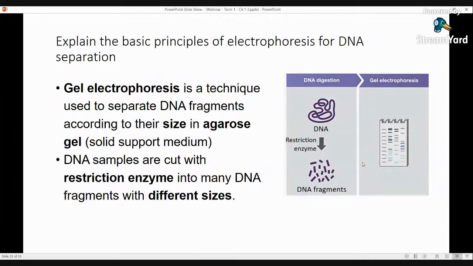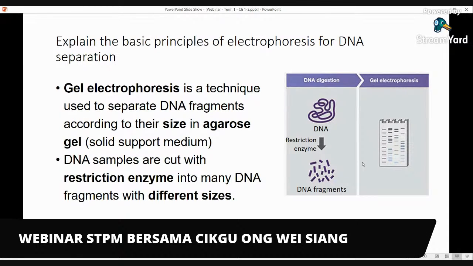In contrast, when we compare to the electrophoresis used to separate DNA, we also use gel electrophoresis, but you must mention agarose gel. We use agarose gel electrophoresis to separate DNA fragments according to their size.